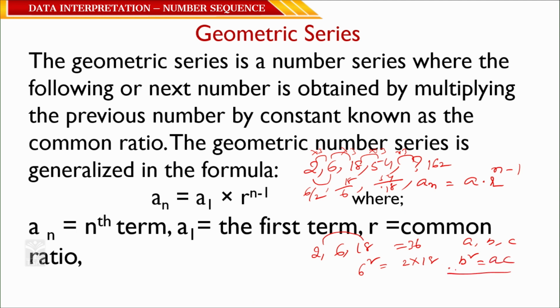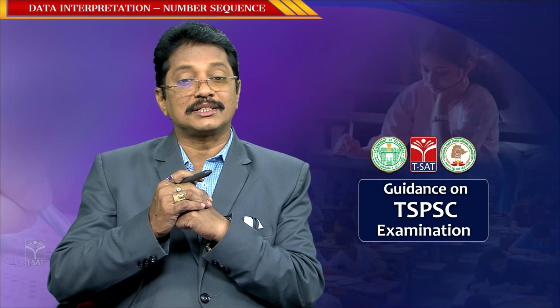Here B is called the geometric mean, or B is equal to root AC. B is called the geometric mean, GM. So, the geometric mean of the three numbers A, B, C which are in geometric progression is B equal to the square root of AC. This is one more important relation.